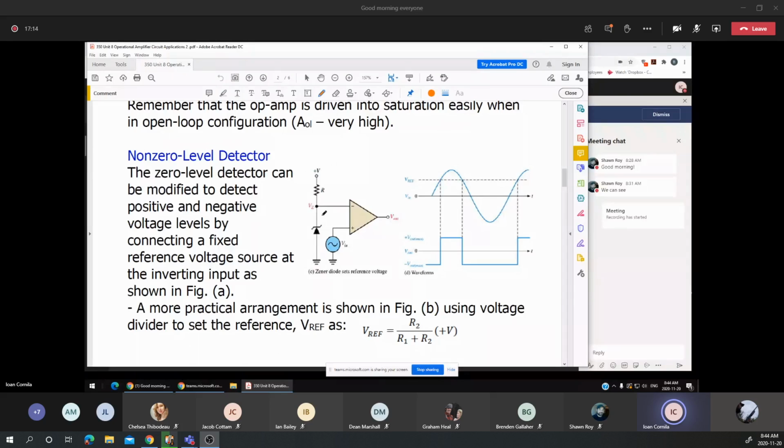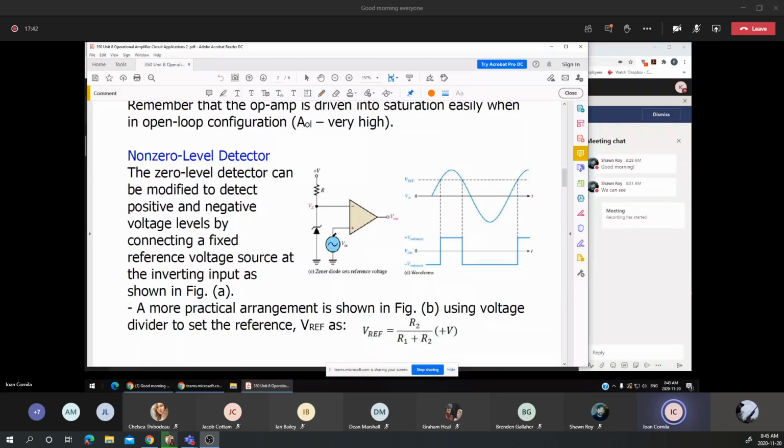Those are standardized values for the VZ. I can choose a different Zener, I can choose a different reference level. Means that applying any voltages above the reference level, which is in this case the VZ, I will change the state of the output of the op-amp.